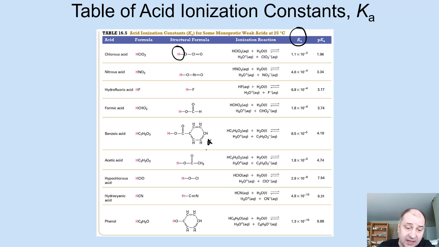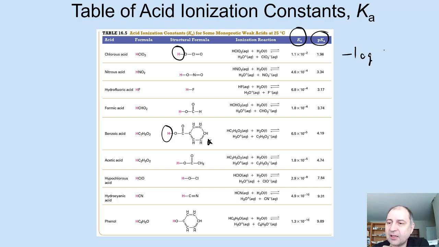Like this one has tons of hydrogens. It's just the one, like benzoic acid, and even if it was a polyprotic acid, you would still be able to, it's only the one that comes off, and each step has its own equilibrium constant. Then there's something called the pKa that's also important. So that's just the negative log of something.